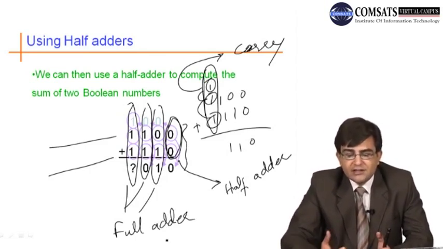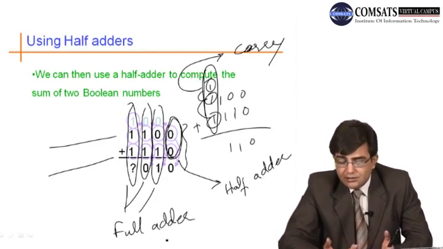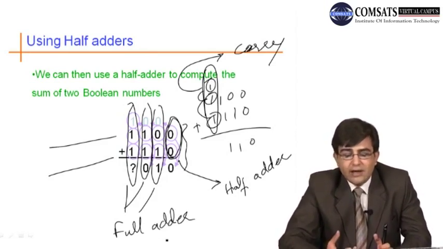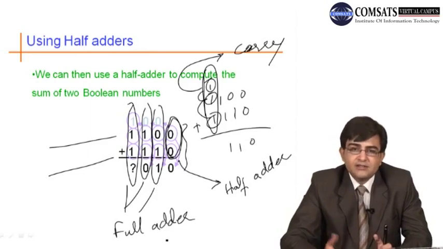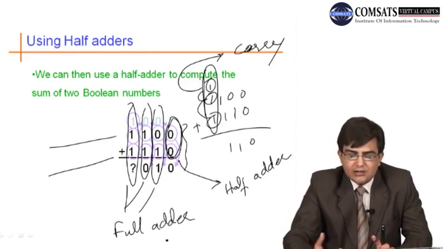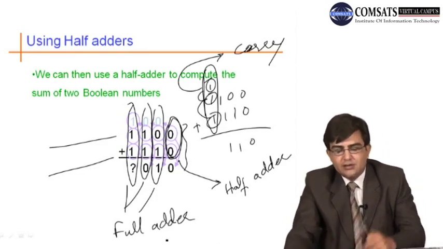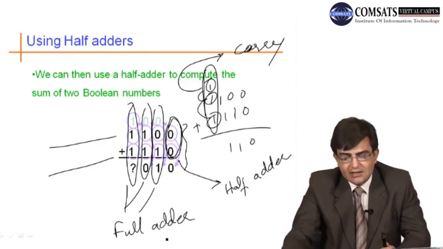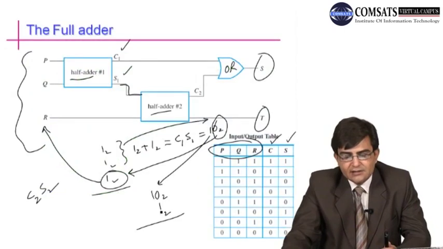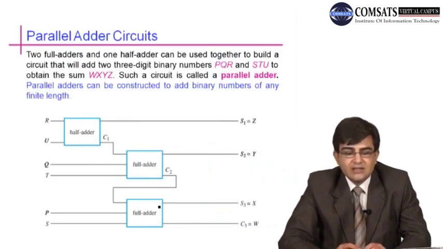To construct a circuit to add 2 binary numbers of any length, we can use half adder and full adder circuits, and such circuits are called parallel adder circuits.